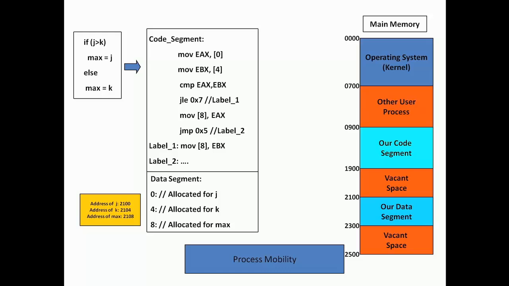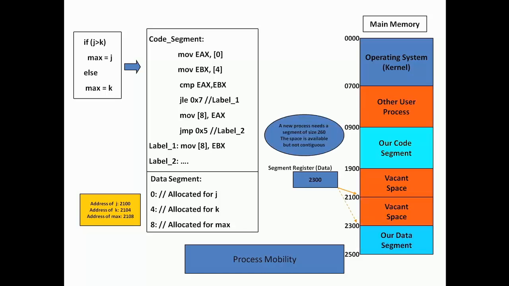And then once the operating system has loaded, it is the responsibility of the hardware to see that on every memory access, the segment register base also gets added. So there is an operating system responsibility, a compiler responsibility, and a hardware responsibility, as you see in this slide. Okay.